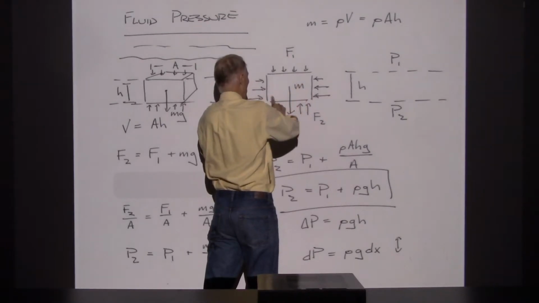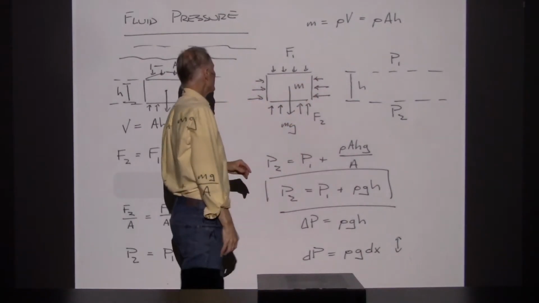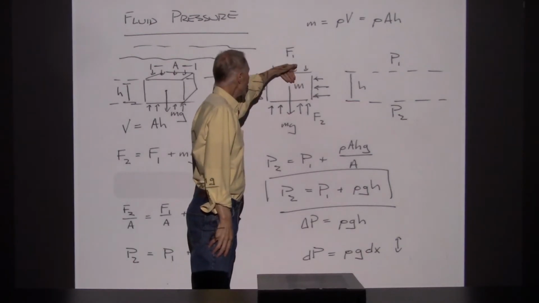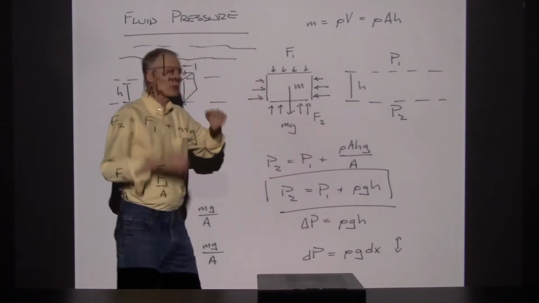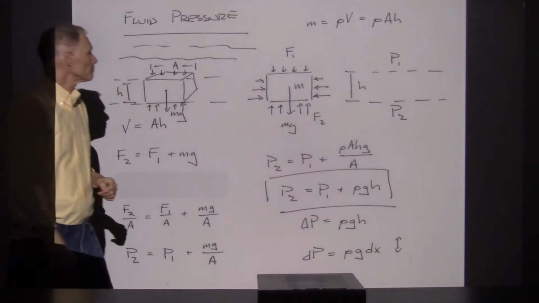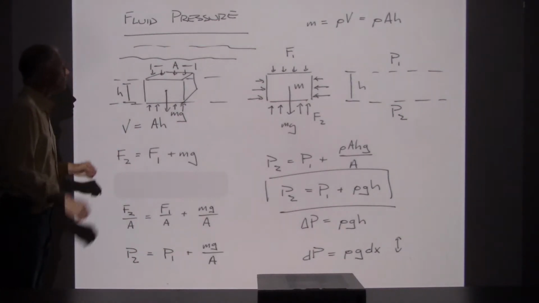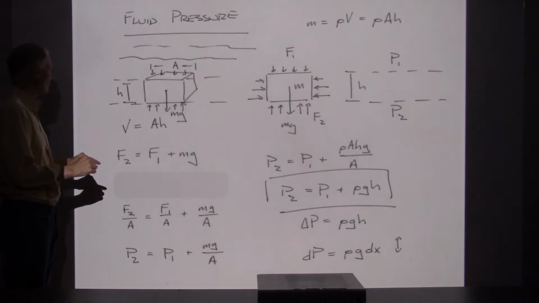Now the fluid itself, and you can think of this as water works fine, will have some amount of mass, and so there's a gravitational force pulling down on that water. What that leads to is higher pressure from below.